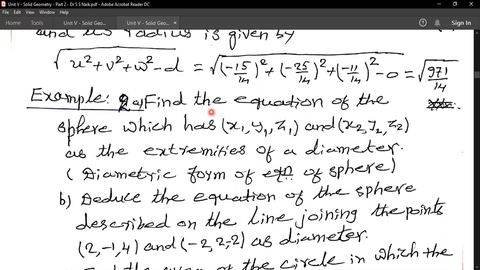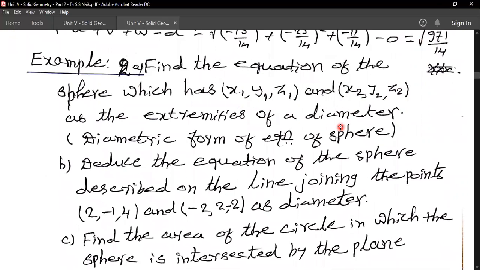The second example is: find the equation of the sphere which has x1, y1, z1 and x2, y2, z2 as the extremities of a diameter. That means you are given a diameter which has the points x1, y1, z1 and x2, y2, z2. That is sometimes called the diametric form of an equation of a sphere.